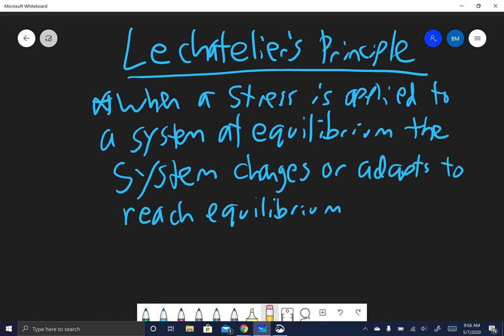Actually, you know what? Let me rephrase that. I have a better way to say that. The system changes or adapts to maintain. That's a better word. Maintain equilibrium.